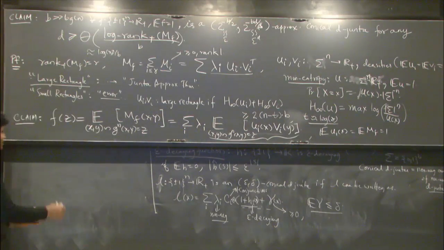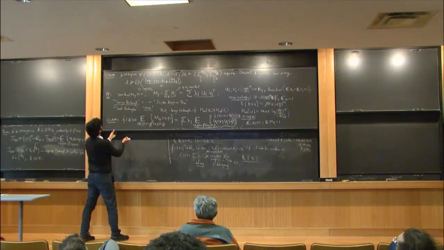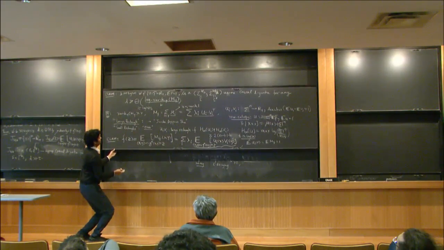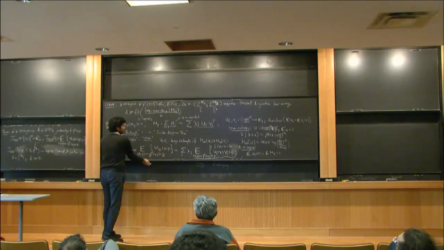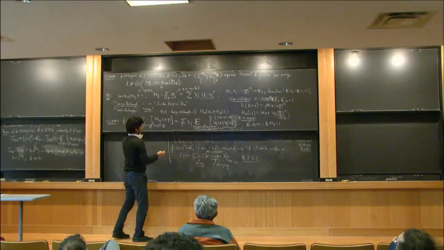Okay, so then it's going to be enough to just work with large mean entropy rectangles and prove that the density function, or the JUV function, is approximately a D junta. Okay, so that would give us the approximate D junta claim. Okay, going from here, maybe I can keep it here.